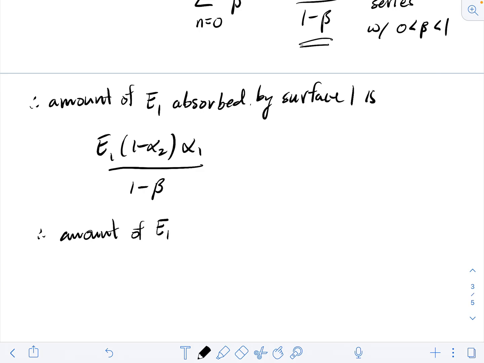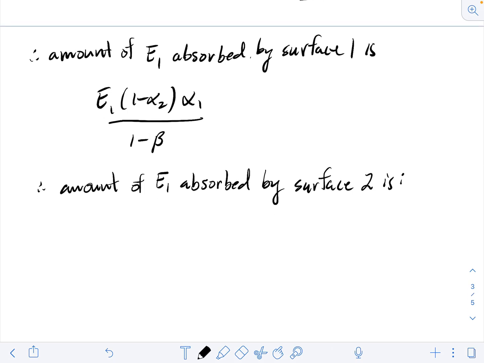Okay. So then we could also ask, what is the amount of energy E1 that's absorbed by surface 2? Well, I think we could make a similar type of argument. We could probably write down a geometric series and then write down the sum of that series, a geometric sum.